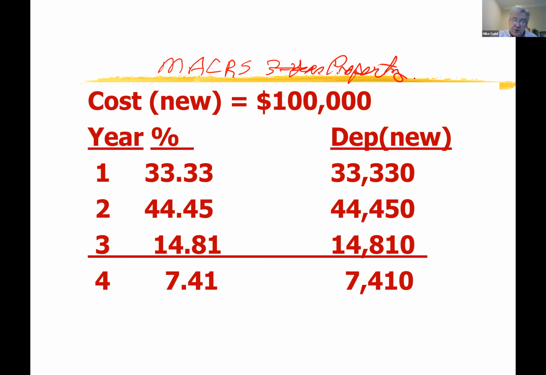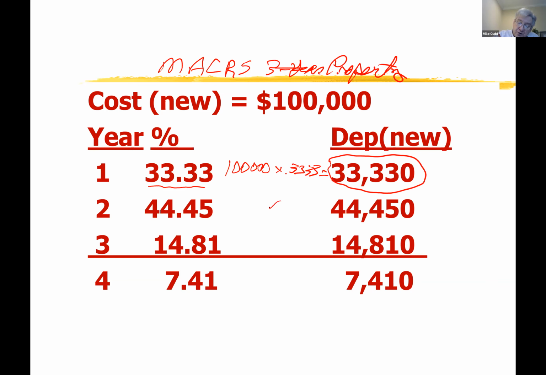And basically the schedule says that we can take a little over 33% of the cost as depreciation. So if we multiply 100,000 by this percentage, our depreciation expense in the first year would be $33,330.